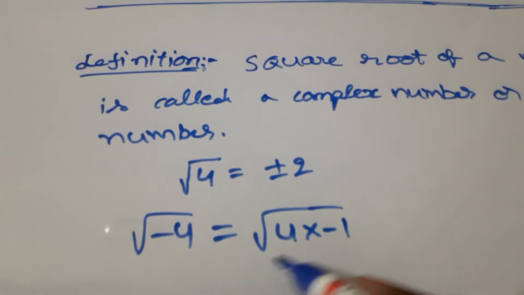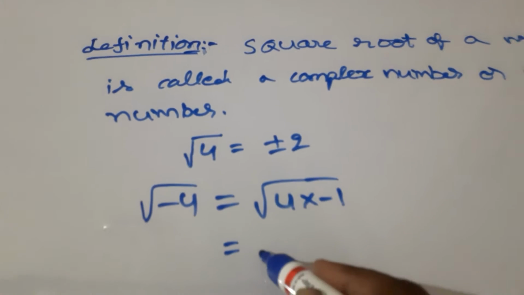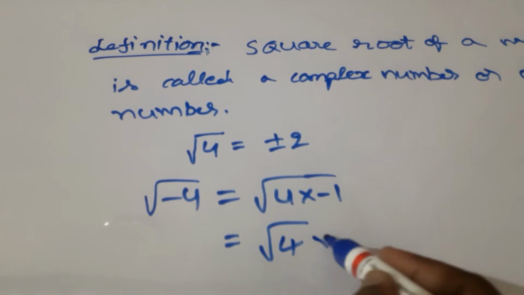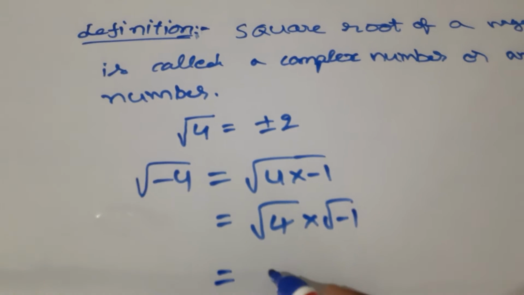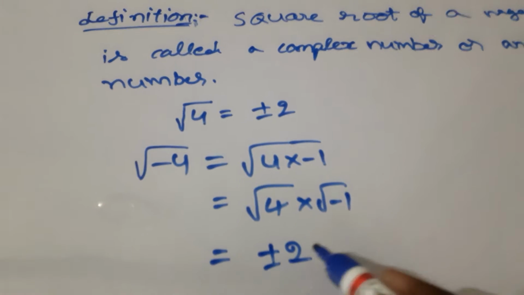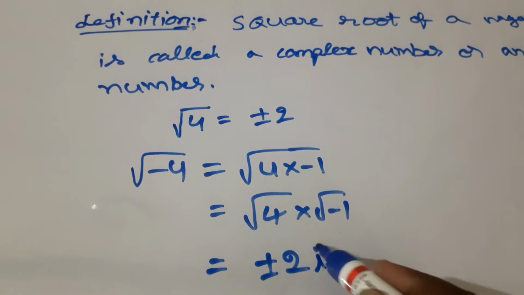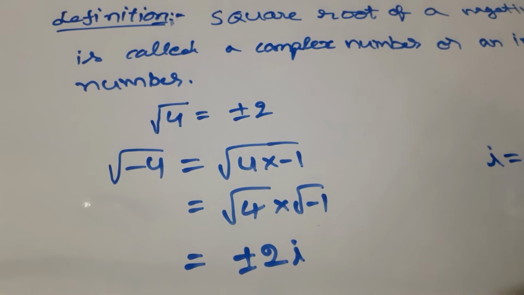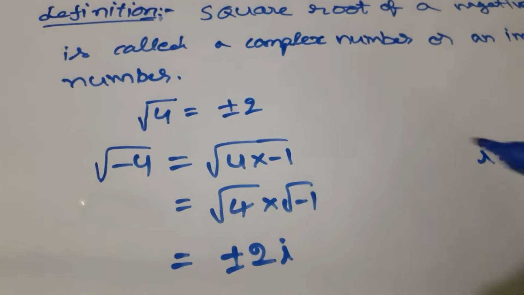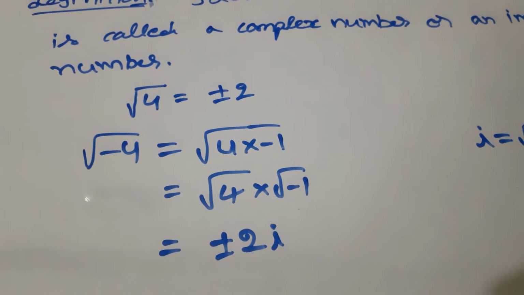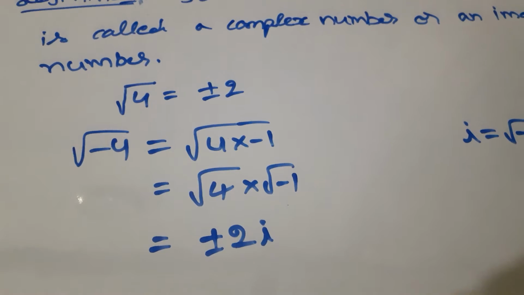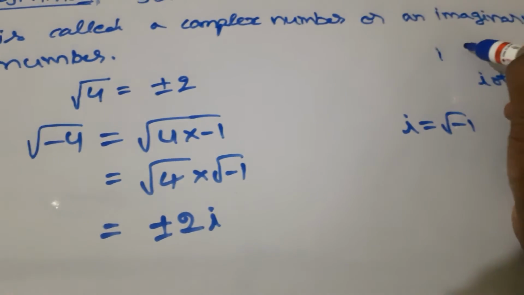You can write it as root 4 into root over minus 1. Root 4 you can write as plus or minus 2. Root over minus 1 is taken as i. So, i is equal to root over minus 1. This i stands for iota.